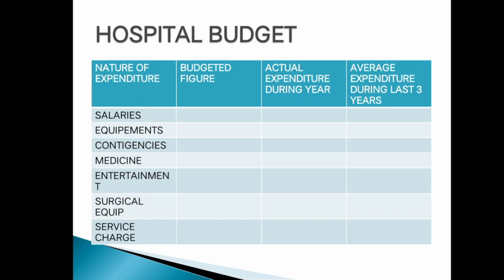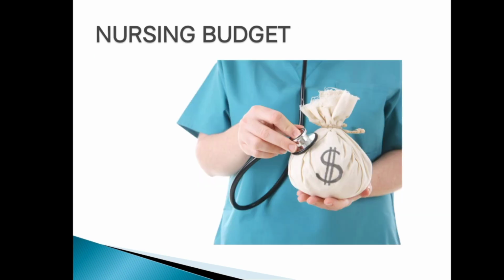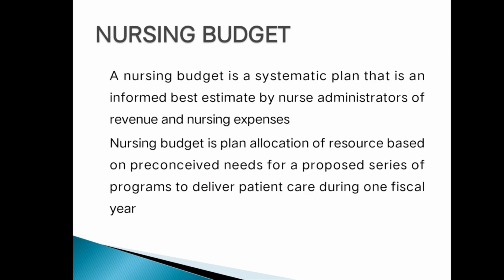For example, some of the surgical equipment will already be available. So in order to prevent stagnation, and only if it is necessarily needed, they will allocate the budget for that particular equipment. Next is nursing budget.